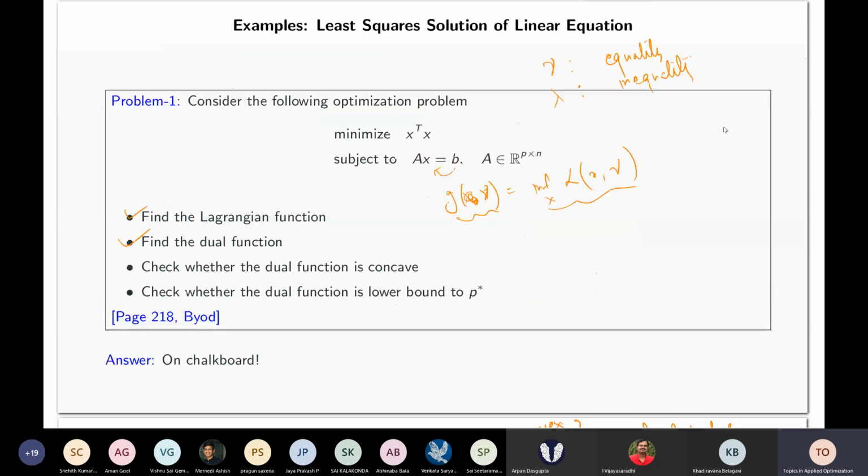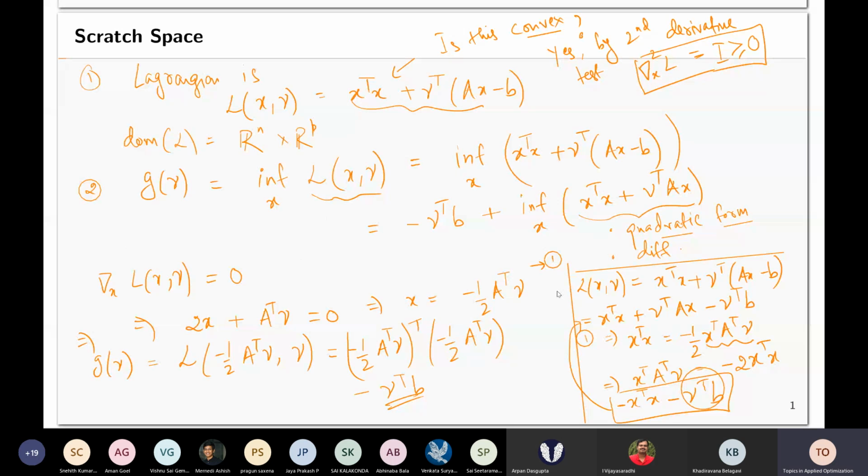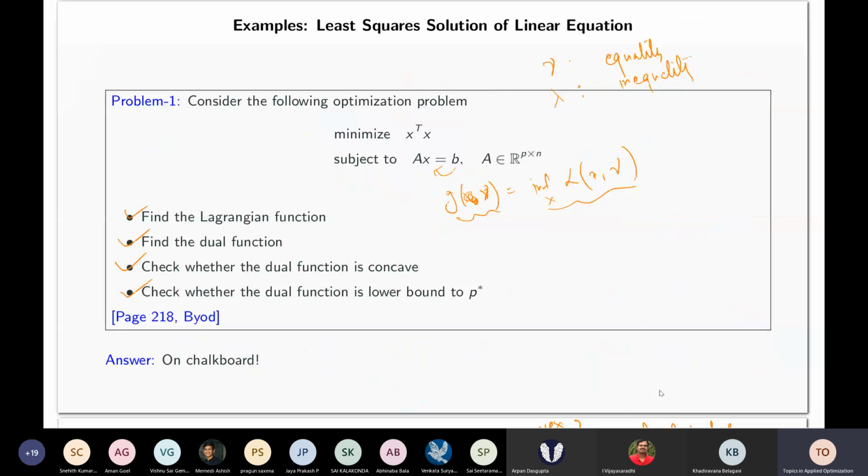Now check whether the dual function is a lower bound to P star. By the result that we had before, what we can claim now is that this is supposed to be the lower bound of the primal.